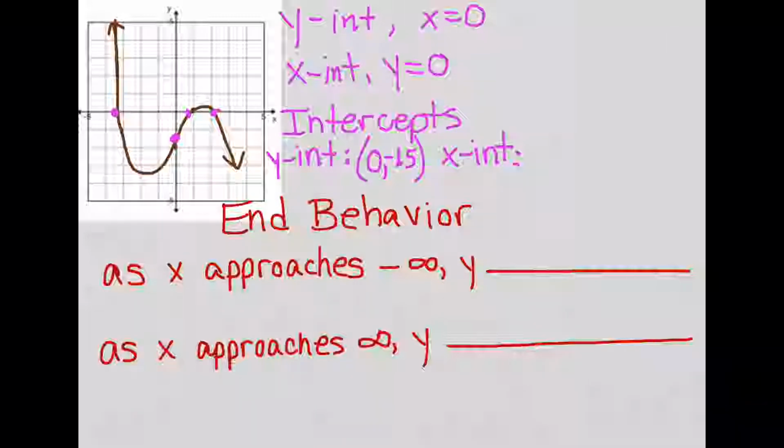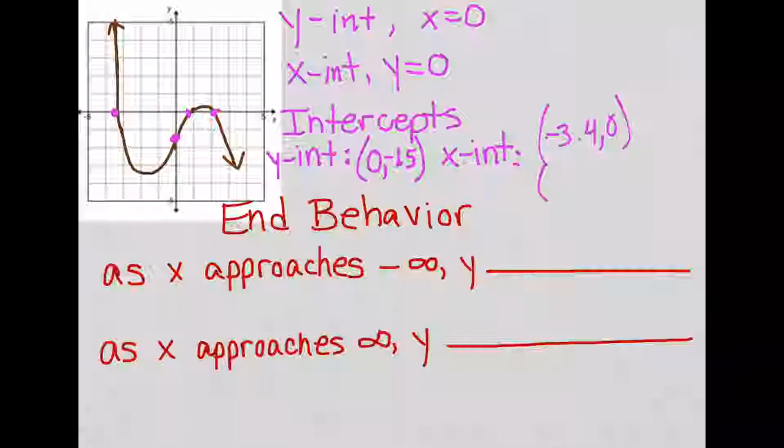Okay, so our x-intercepts, let's write those as points. Well, none of these look like they are crossing at very happy places, but we can approximate. So maybe the first one is at negative 3.4, 0. And then we have one that's a little less than 1.